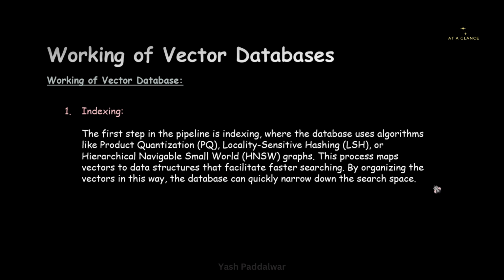So basically inside this indexing technique, we create a data structure. That data structure is created to smartly store the data we ingest in the vector DB. To create those data structures, we have different algorithms. For example, PQ, LSH, HNSW, all these algorithms are designed in such a way that they create a data structure which makes retrieval easy.